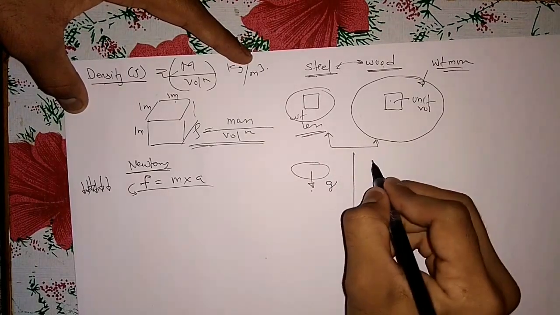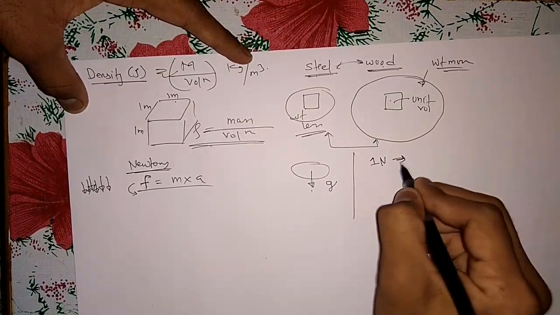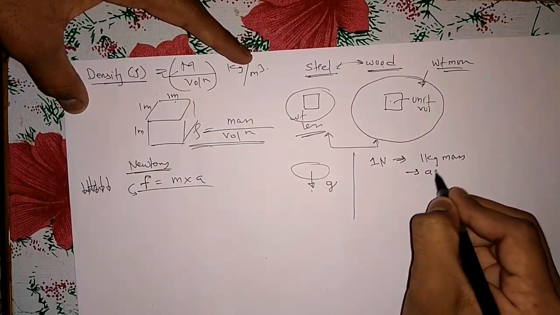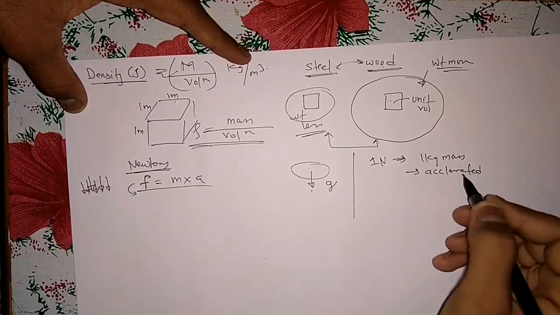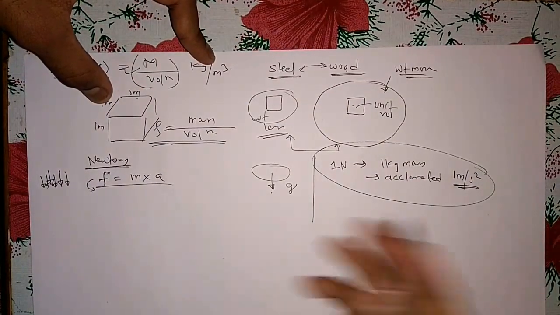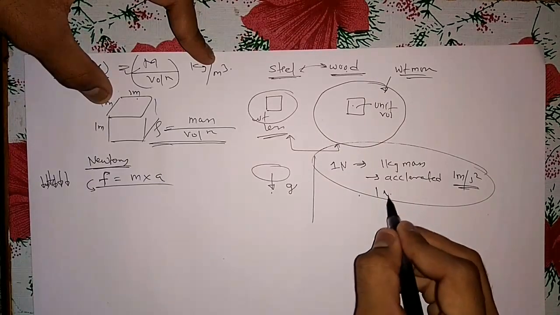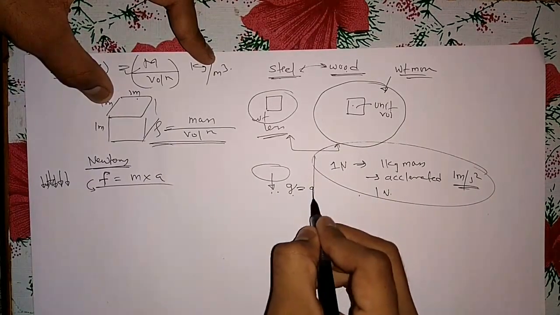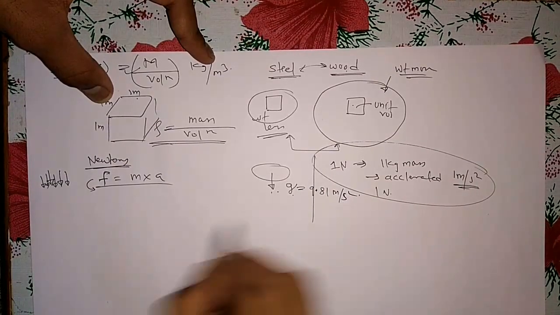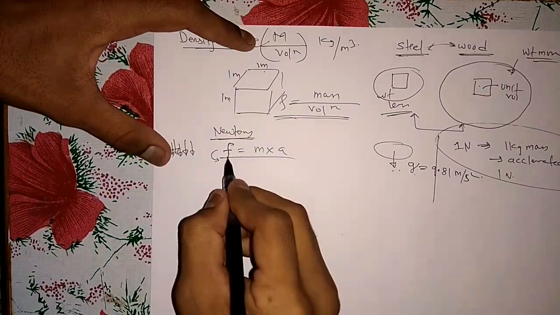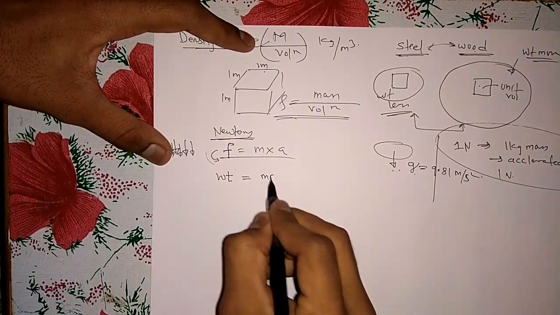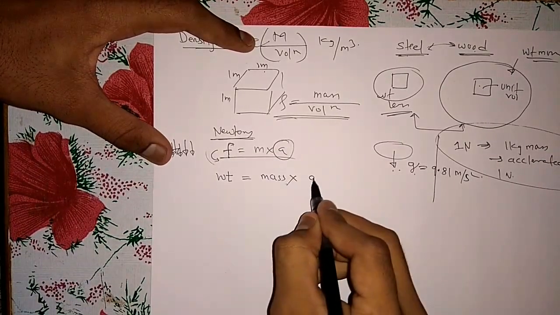As you know, 1 Newton force is defined as 1 kg of mass accelerated by 1 meter per second square. This is simply 1 Newton. For earth we have gravitational acceleration in meter per second square. So I have got force. This force in the downward direction for any body we can define as weight. This is simply mass and this is acceleration due to gravity g.